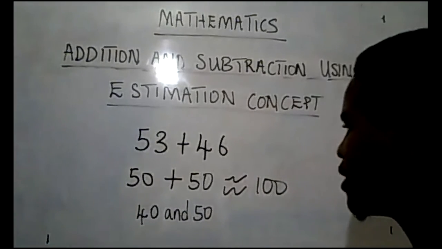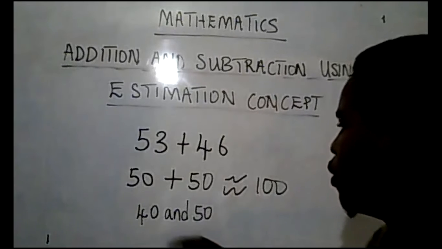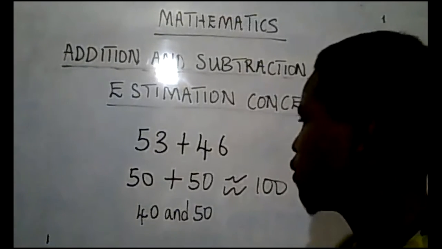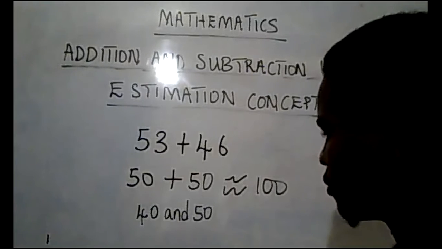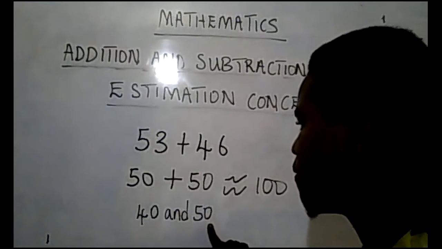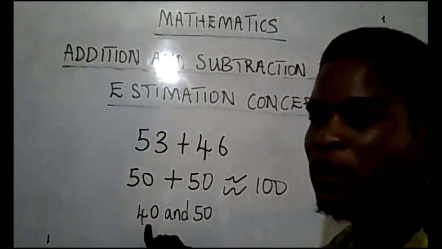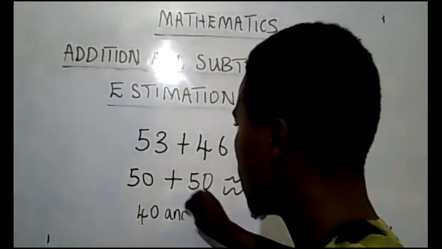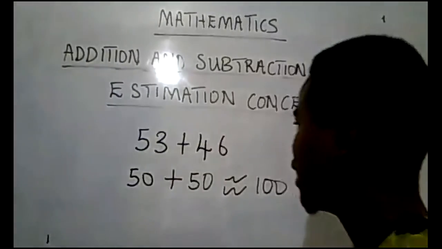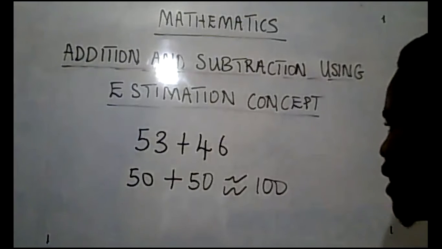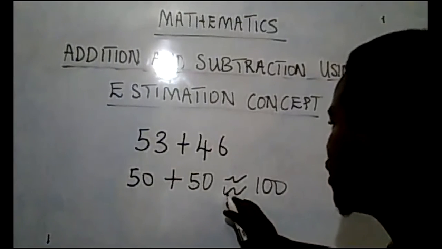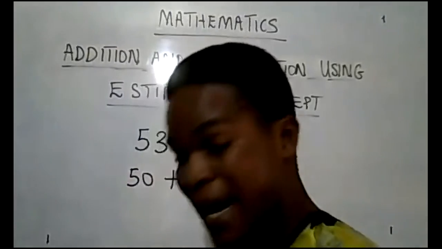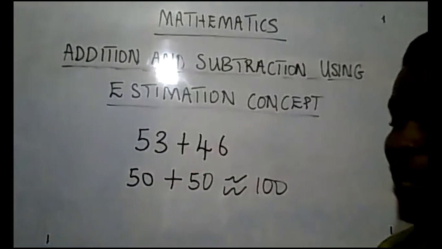So if 46 is between 40 and 50, now looking at the two figures, which of these figures is 46 closest to? 46 is closer to 50 than to 40. Automatically, we have 50 likewise. Now, do you get what we just did? Very good. Now, our approximated answer will give us approximately what? 100.